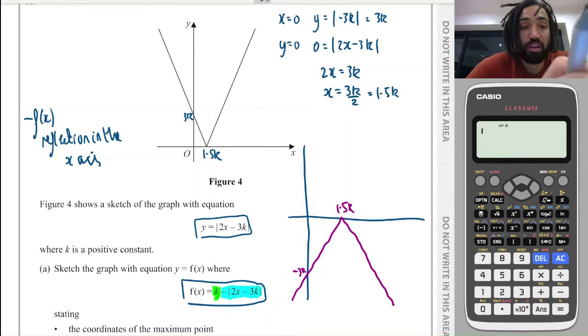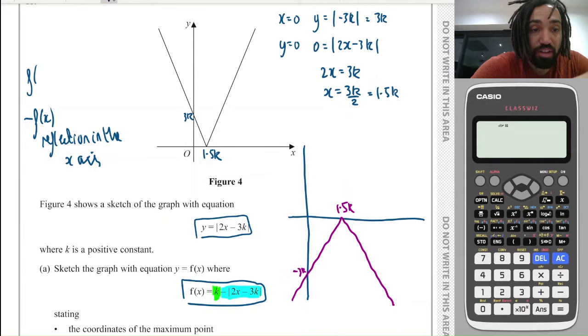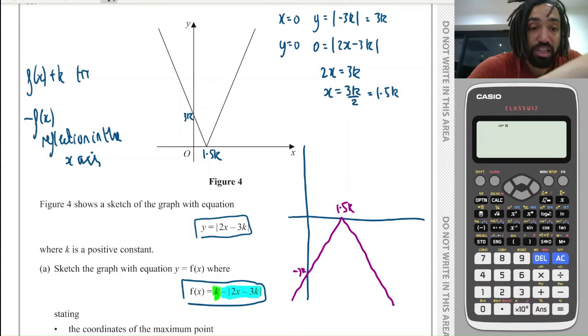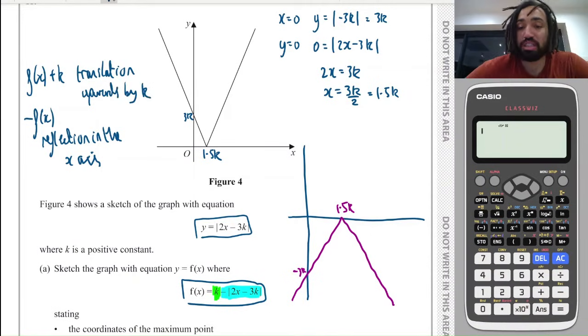Now if I have f of x and I add on a constant, let's say k, then we know from our graph transformations that is a translation upwards by however much you add on, so in this case k. So I need to lift that graph up by k. So it's going to look like this, and then it's going to get up here, and then it's going to come back down like that.